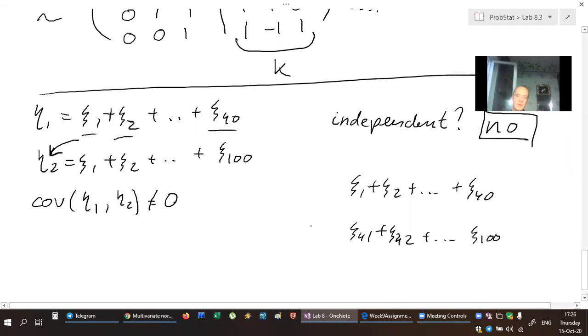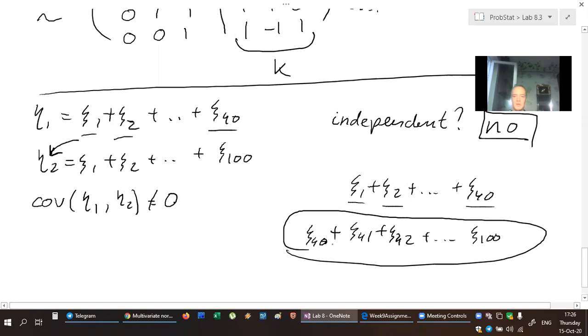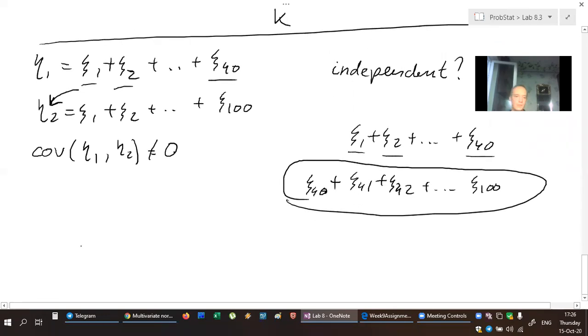But if you have here xi40 plus everything else, they become dependent because by defining these variables, you also somehow influence this whole expression.